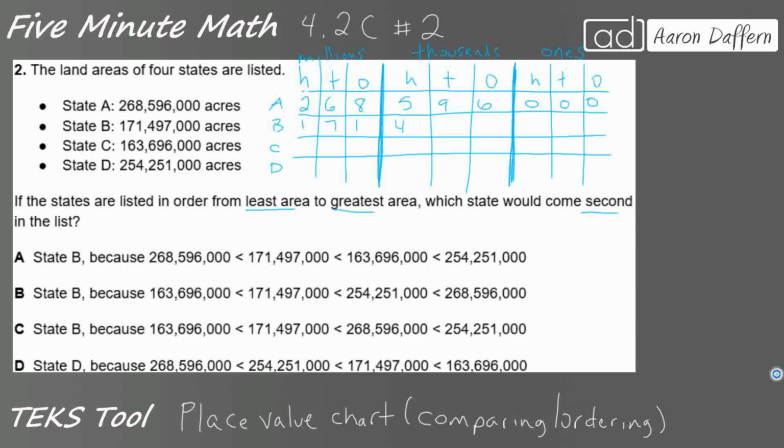And what we want to do is start with the largest place value first. The second we see something that lets us know that this is the smallest number, because we are going from least to greatest, then we're going to stop. We don't need to evaluate the rest of the number once we have our smallest number. You notice we're not even going to the hundreds, tens, or ones.